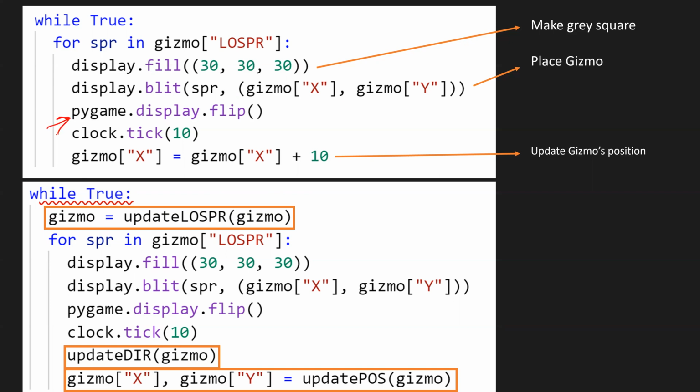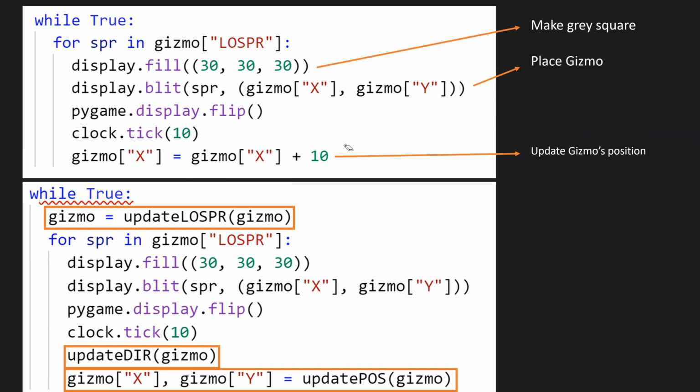This part and this part, I don't want you to worry about them. They're just needed for Pygame to run. And this part is the one that is in charge of updating the position of Gizmo. This one is responsible for Gizmo going to the right. If I subtracted instead of adding, Gizmo would move to the left. Okay, so this part we need to change.